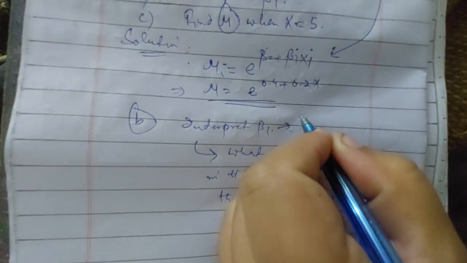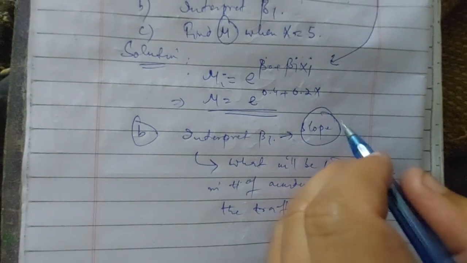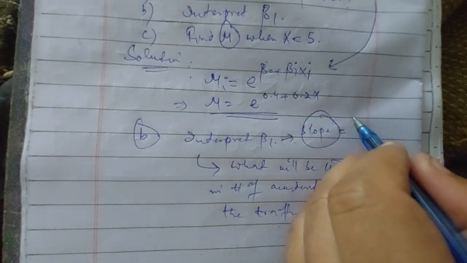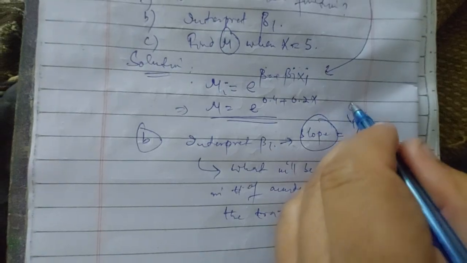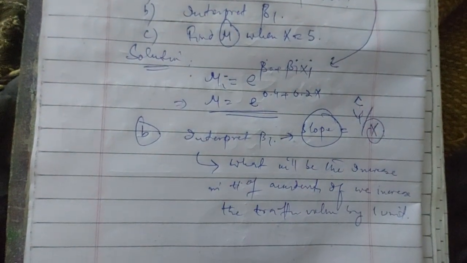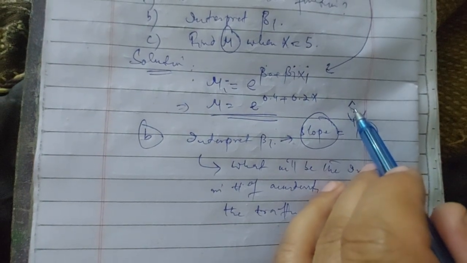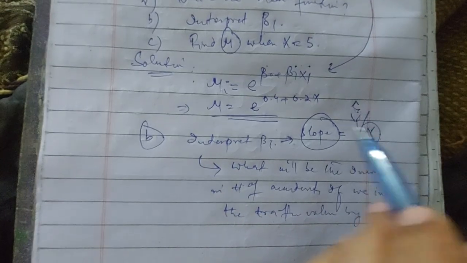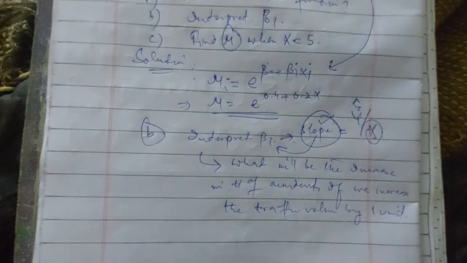So beta 1, this is the slope. And this slope actually corresponds to the change in y with respect to x. Y is the number of accidents and x is the traffic volume. So the change in the number of accidents per unit change in the traffic volume corresponds to the slope, which is beta 1.